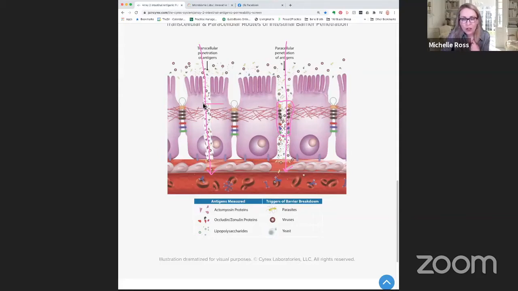Now, the cell is never designed to be torn open. There should never be intestinal permeability through the cell, but there should be some permeability between the cells, but not pathogenic, which indicates causing disease.